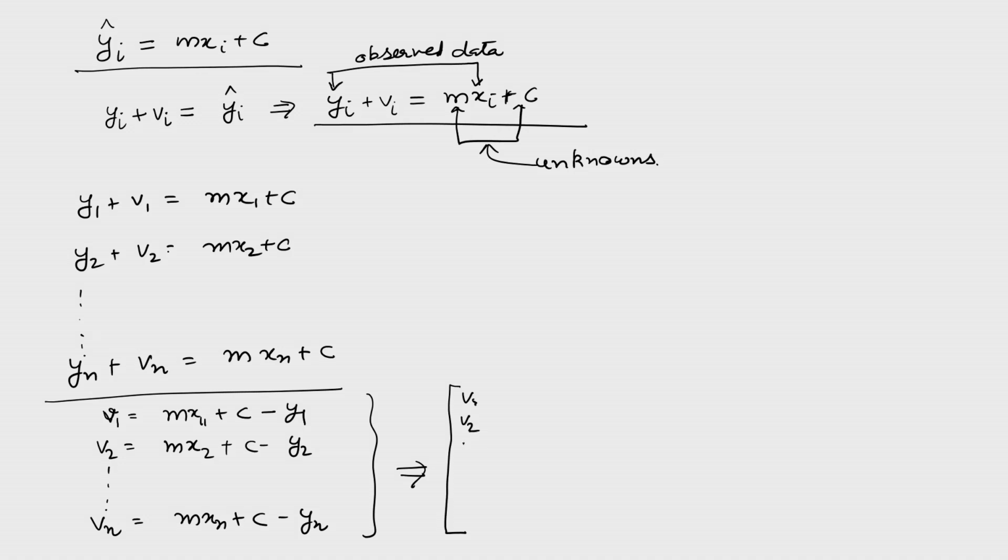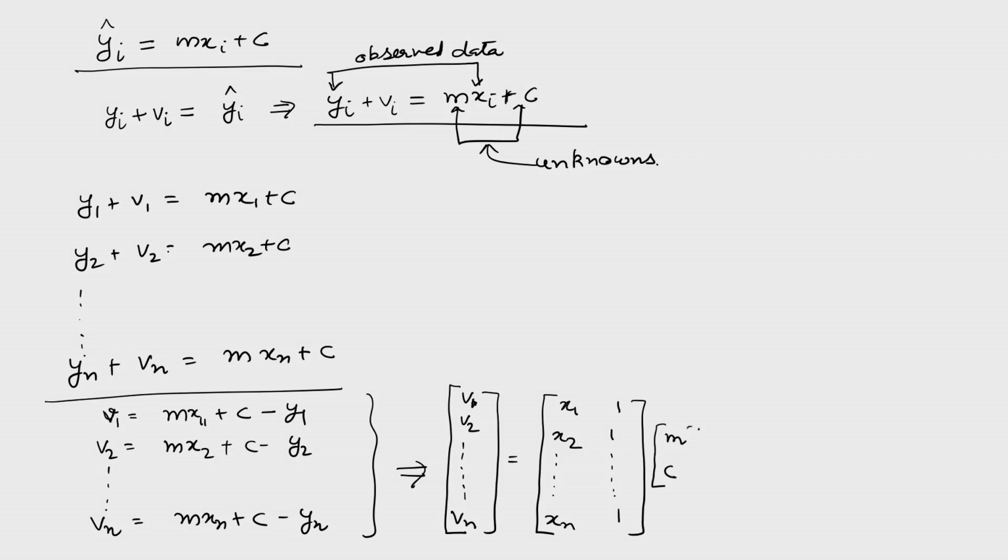I am writing in the matrix form. And a slight tweaking I am doing here: x1 1, x2 1, xn 1, and here I am writing m and c, minus y1, y2, yn. So, I have written these n number of equations in the matrix form here.